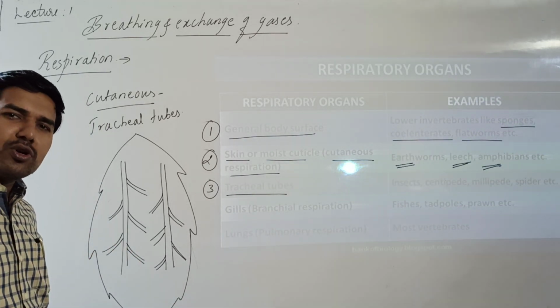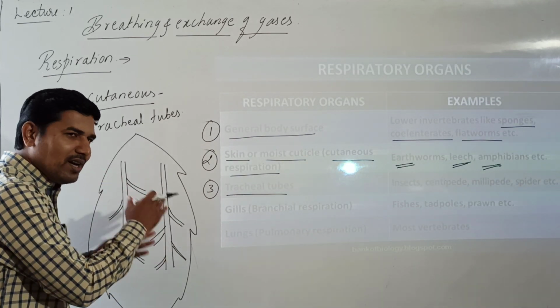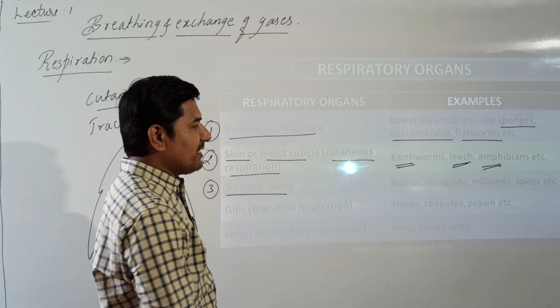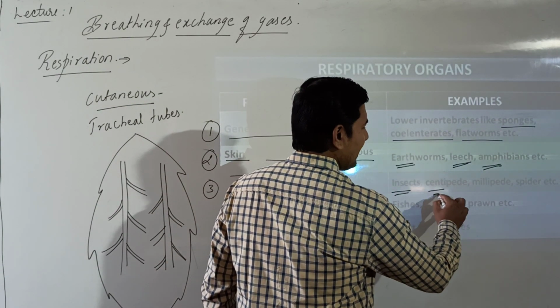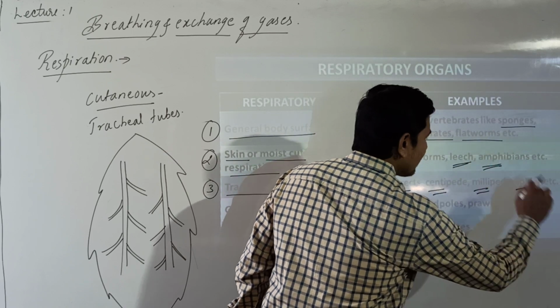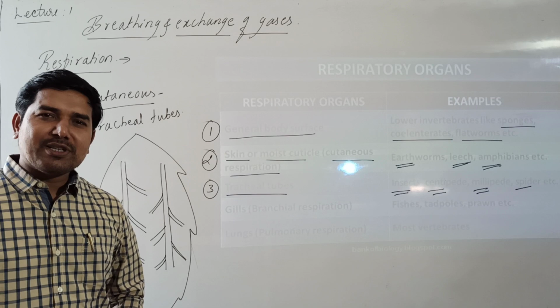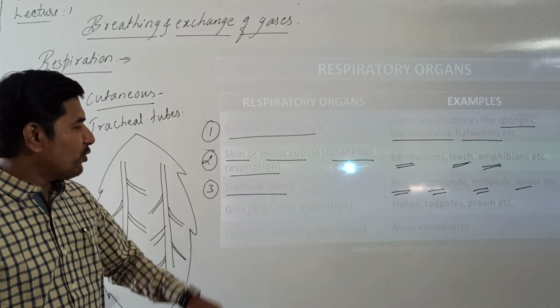Let us take cockroaches: respiration occurs through the tracheal tubes. Tracheal tubes are found in insects, centipedes, millipedes as well as spiders. This is how respiration occurs through the tracheal tubes.